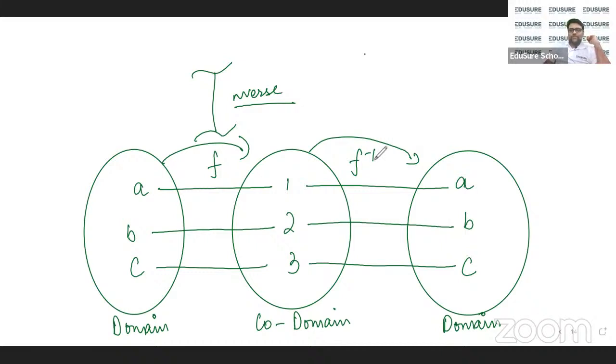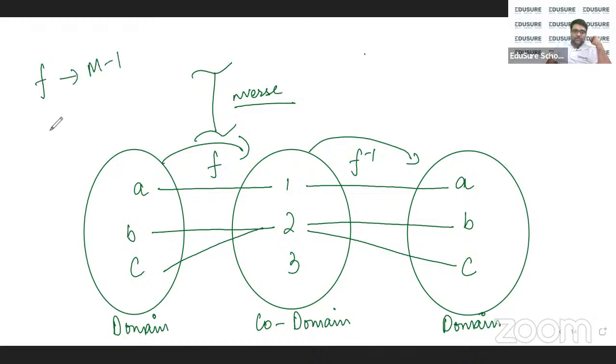If it would have been like this, 2 would have gone to C also. So as you can see, if F becomes many to 1, F inverse becomes a 1 to many.